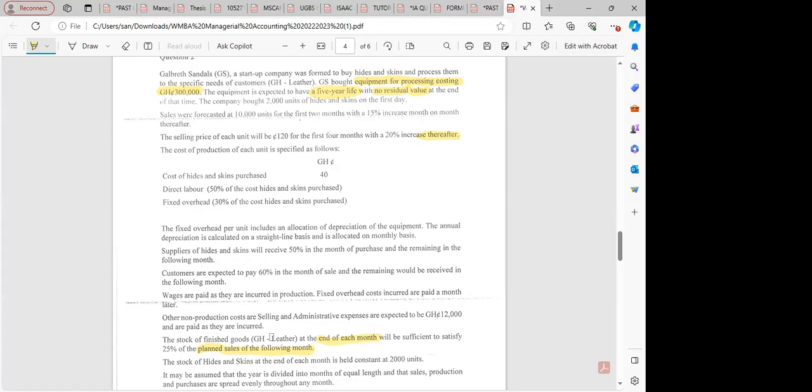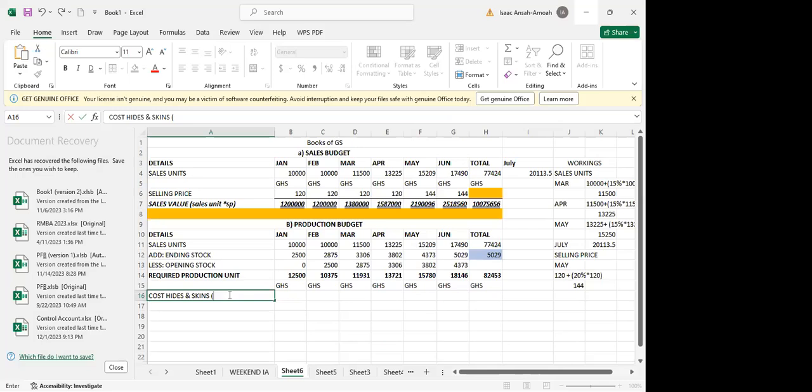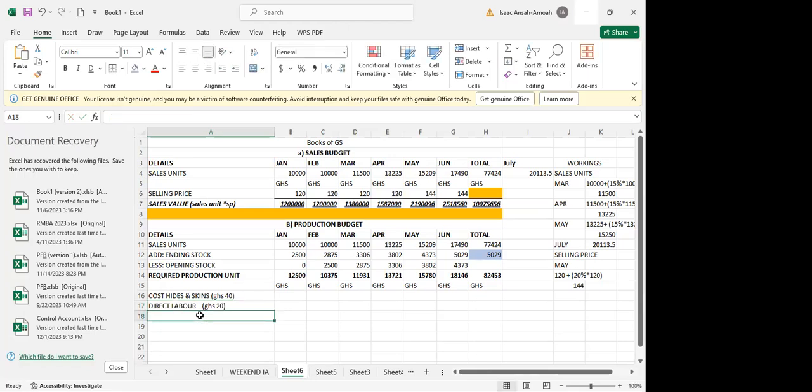Right. So here is 40 cedis. Direct labor is 20. I'm sure if you are not in class now, you ask me where we got the 20 and the 12. But maybe I have to work it out somewhere else. Okay, but I'm saying it again. Direct labor cost is 50% of cost of hides and skins.